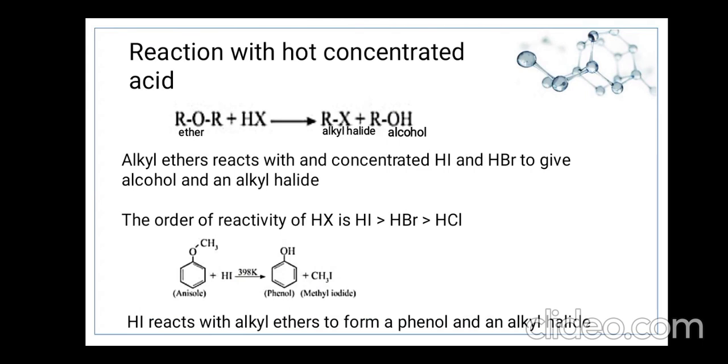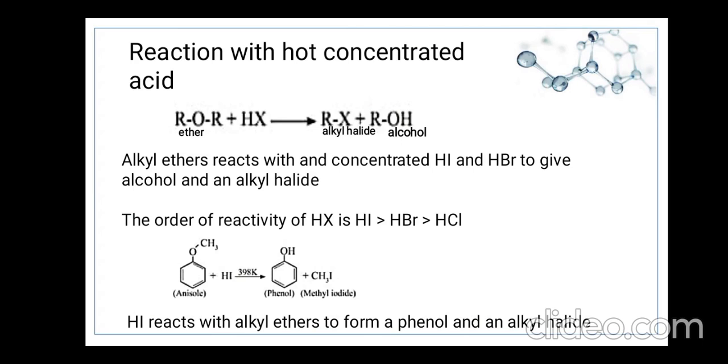Now the order of reactivity of HX is HI, it is more reactive, then HBr, and then HCl. So hydrogen iodide, HI, is more reactive, then hydrogen bromide, and then HCl, that is hydrogen chloride or hydrochloric acid.